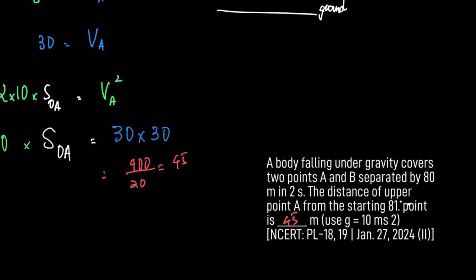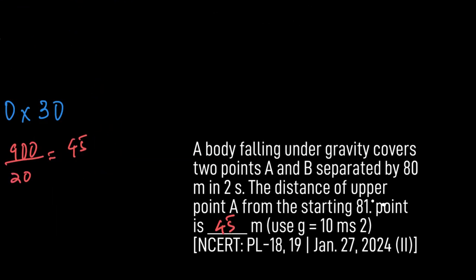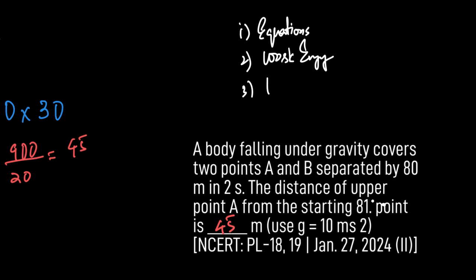Okay. Now let's have a recap of what we're doing so far. We did solve this question using equations of motion, then using the work energy theorem, and then mechanical energy conservation.